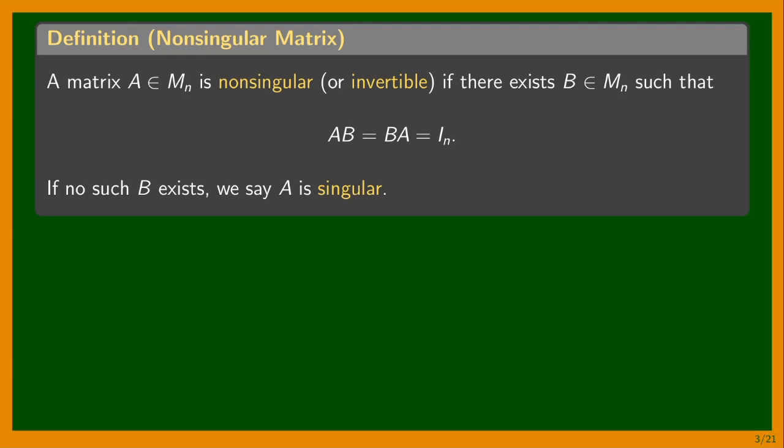Let's now turn to the definition of a non-singular matrix. In this definition, our matrix A is a square matrix.